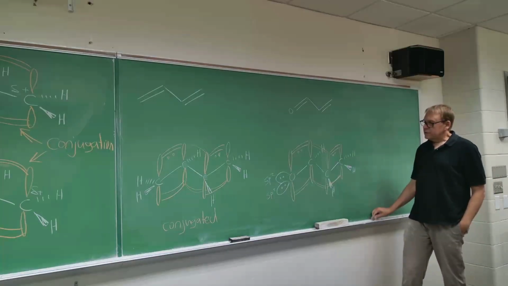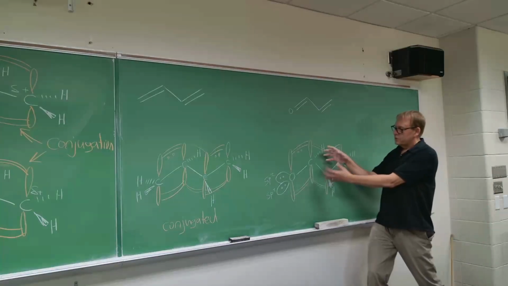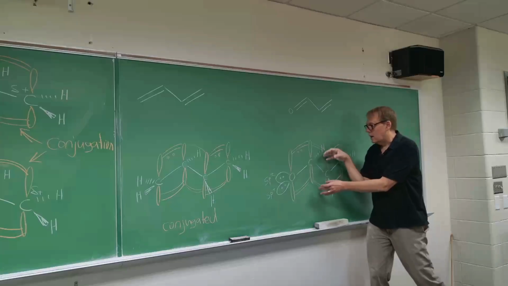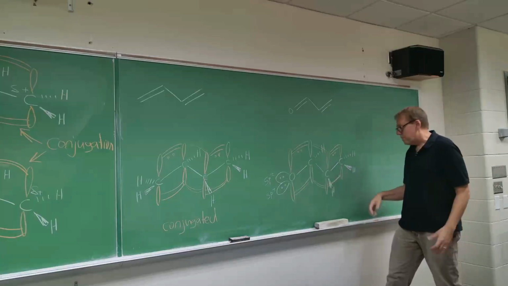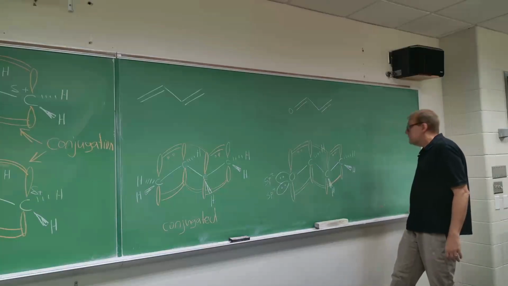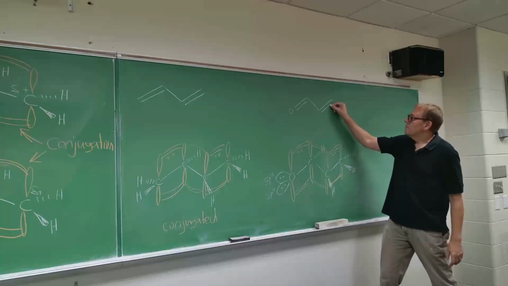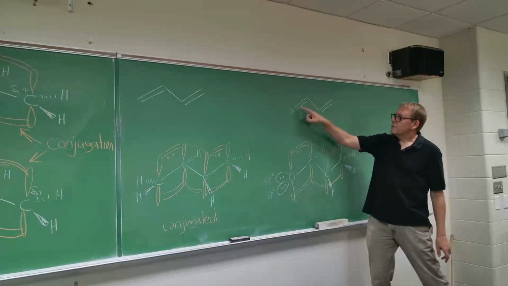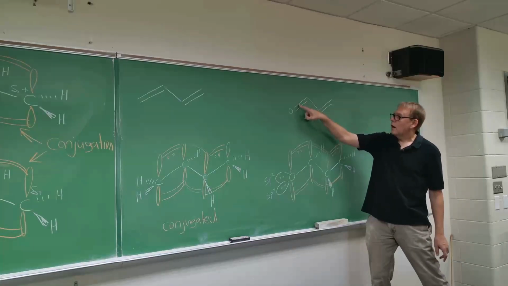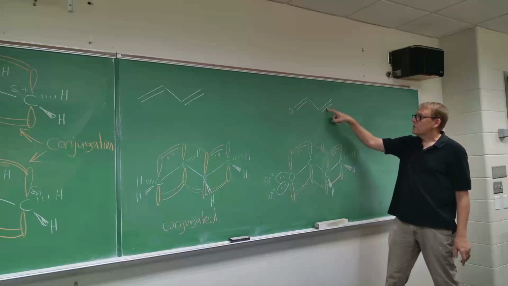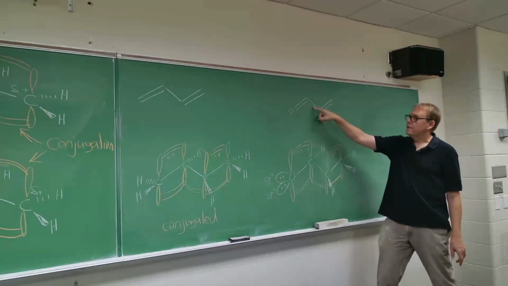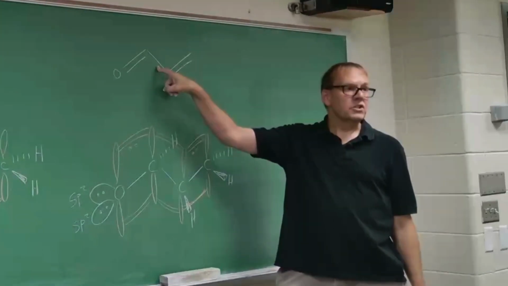So what that means is that the electrons kind of ooze into this space between the middle 2 carbons, and they're there some of the time. So what that does to the bonds is it makes this carbon-oxygen double bond a little weaker, and this carbon-carbon bond a little weaker, and this carbon-carbon bond in the middle a little stronger.